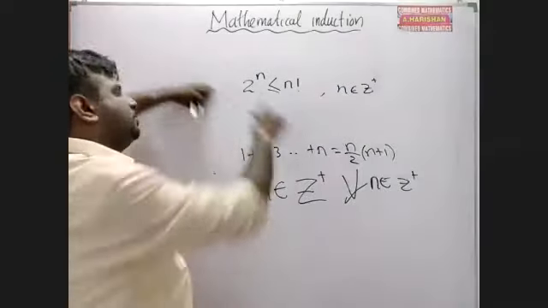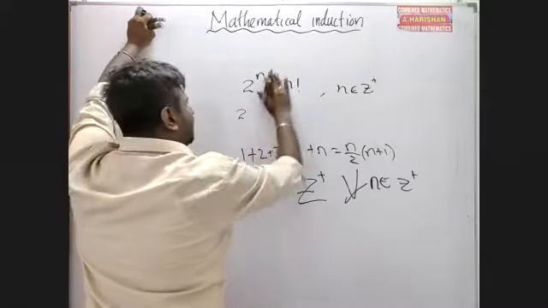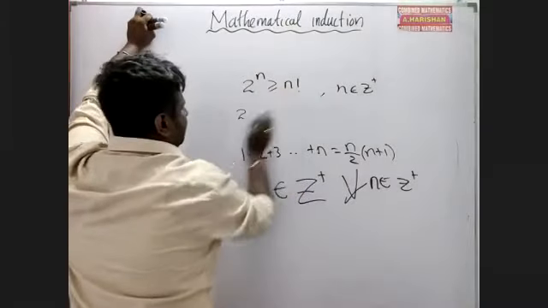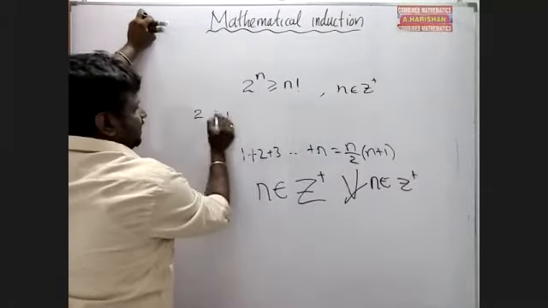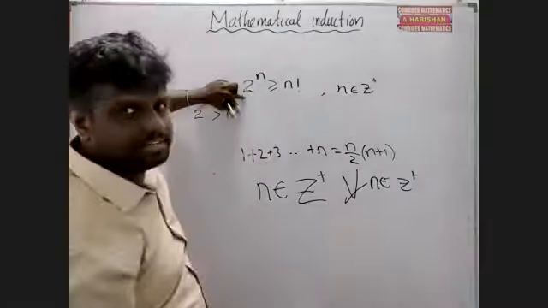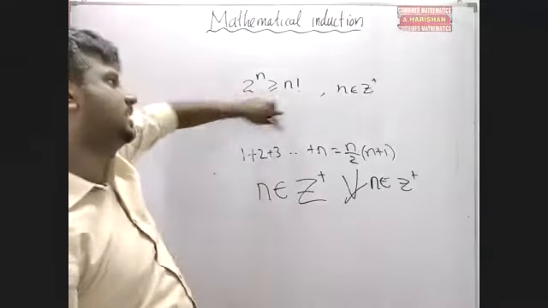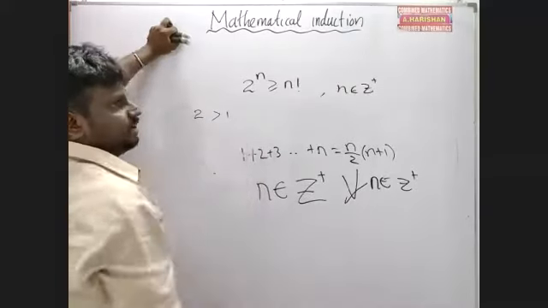You will check by putting n equals 1: 2 and 1. You may think it is wrong the other way. If you put n equals 0, this is 1, and 0 factorial is 1.